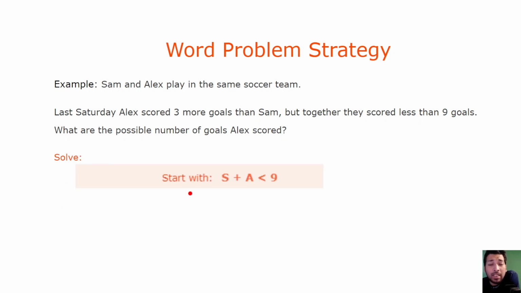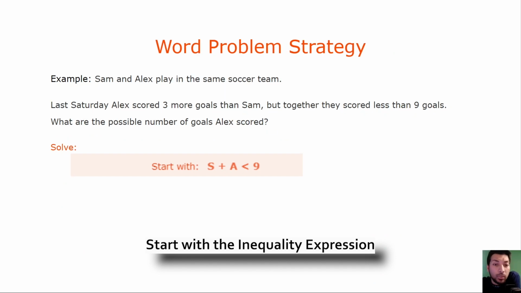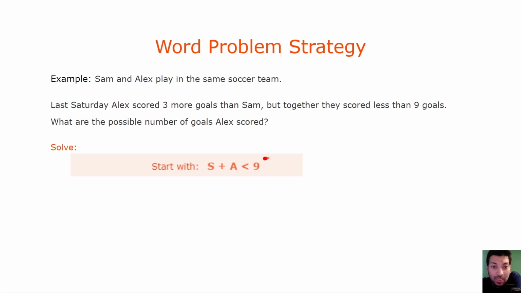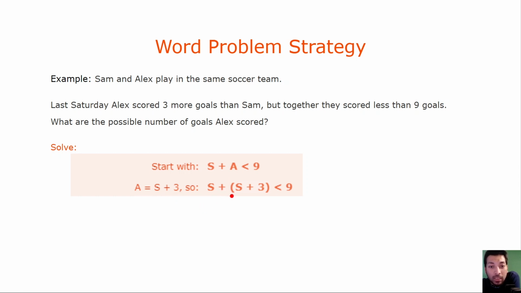We start with the inequality expression, because this is an inequality word problem: S plus A less than 9. We also have the other equation, A equals S plus 3, since Alex scored 3 more goals than Sam. So we can replace A in the inequality.